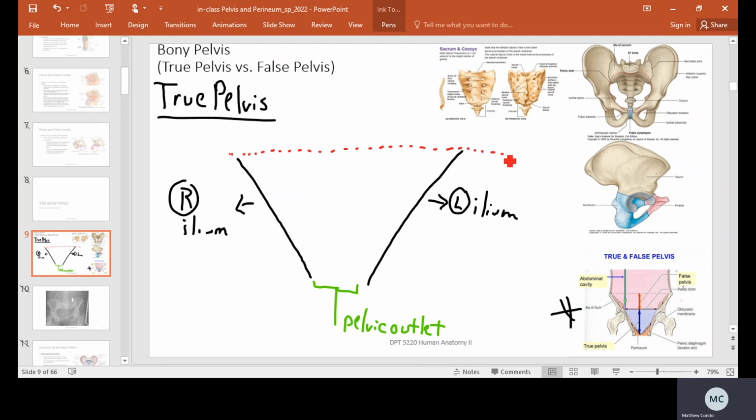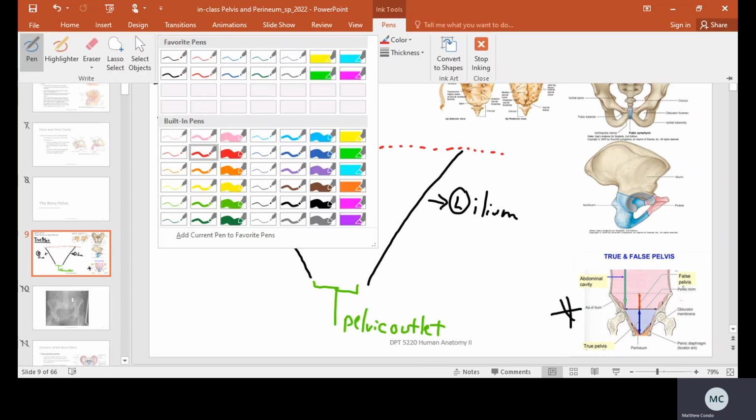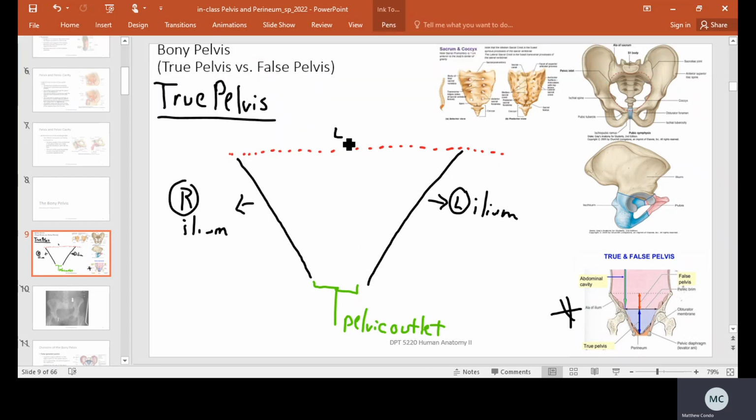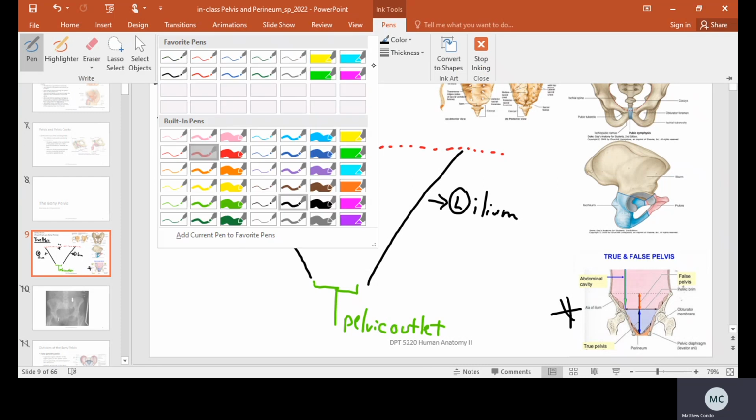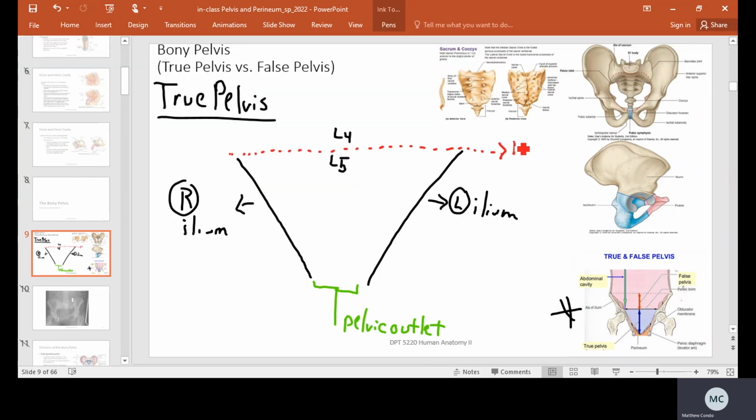Okay, so you guys probably in tests and measures have learned that if you put your hands on top of the iliac crest, that's going to correspond with a certain lumbar level, like the L4, L5 interspace. Does that sound familiar? Okay, fantastic. So this is going to be the L4, L5 interspace. This is referred to as the false pelvis.